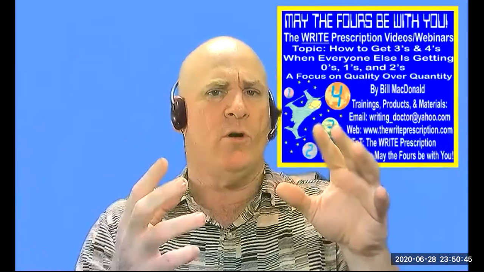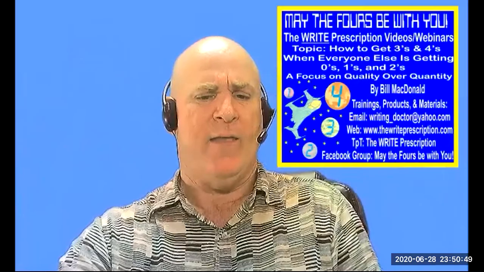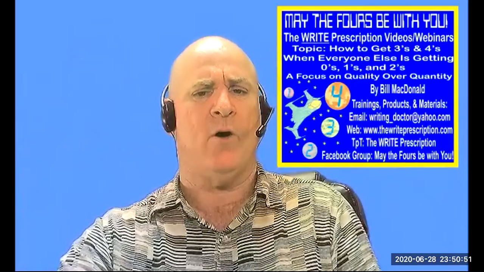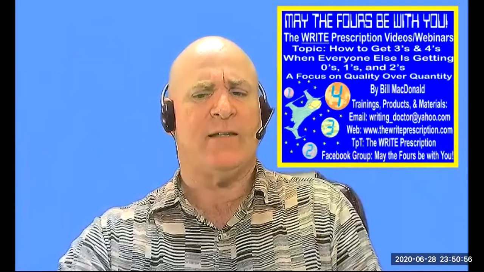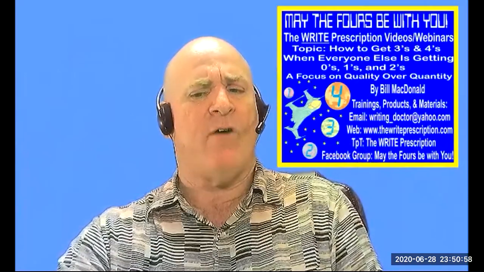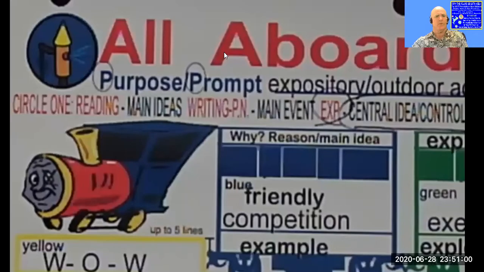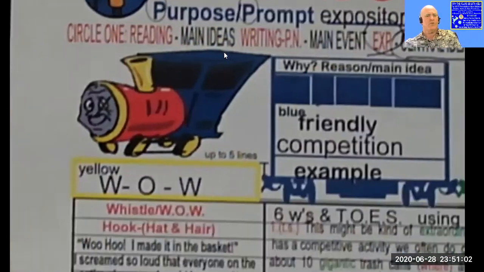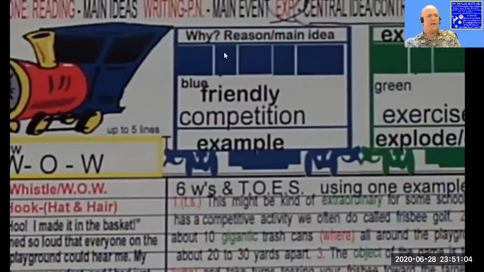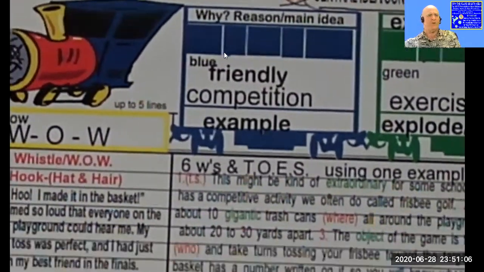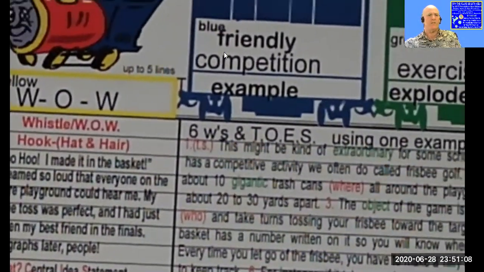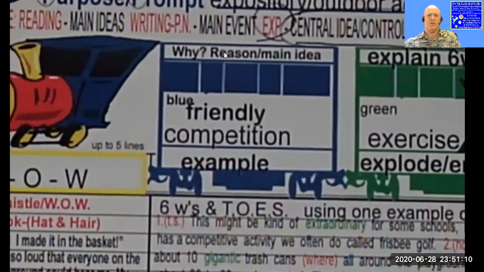And so I basically made a combination flow map and tree map using my train. And that's what I want to share with you now, so that you guys can see what an example of an essay looks like in rough draft form using a train. And so you can see the first thing I want you to think about is the organization.